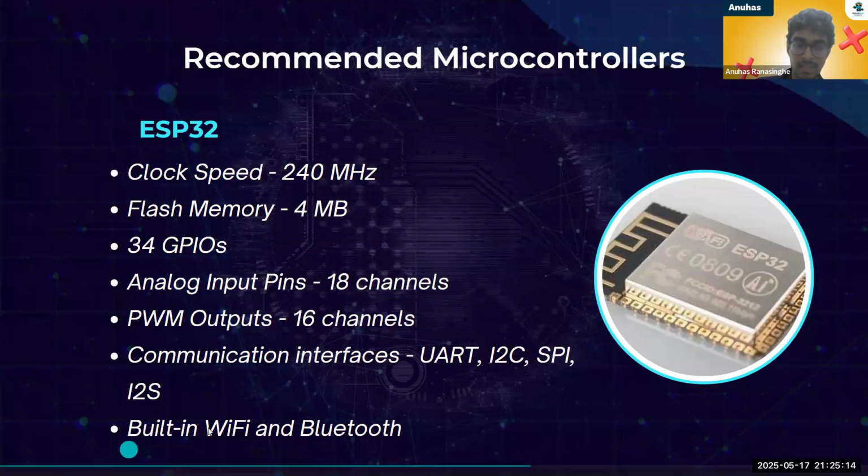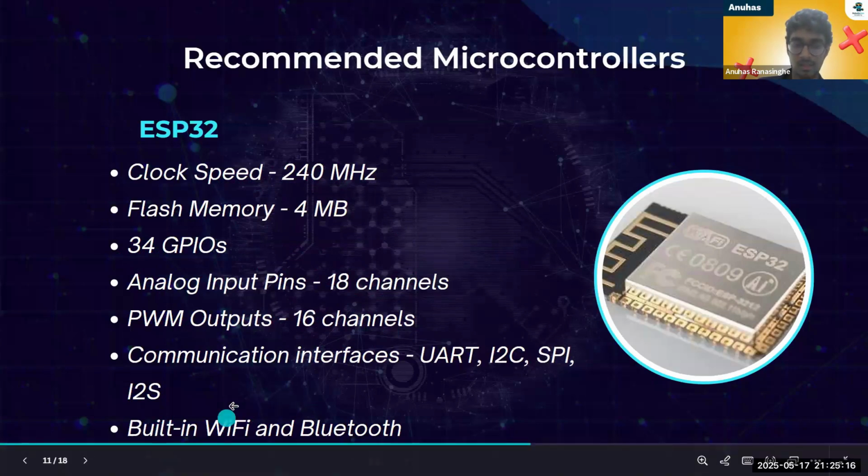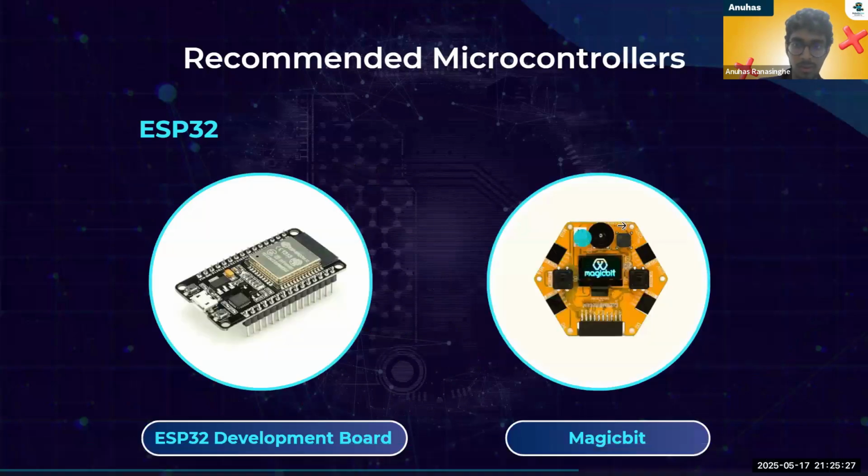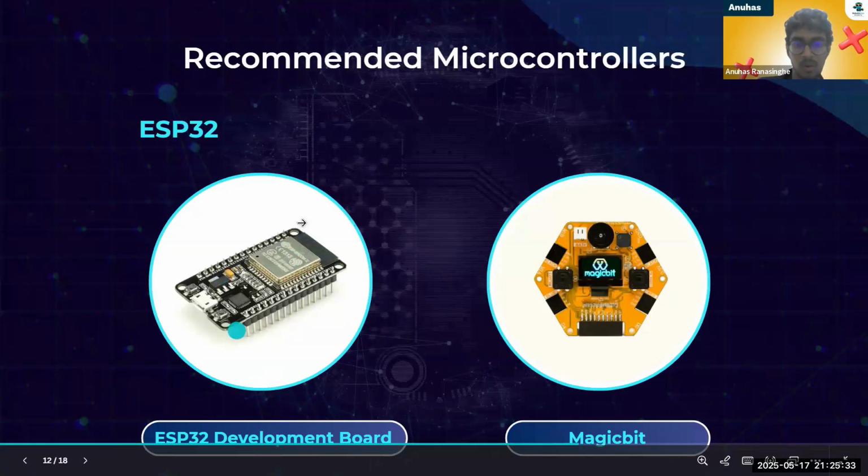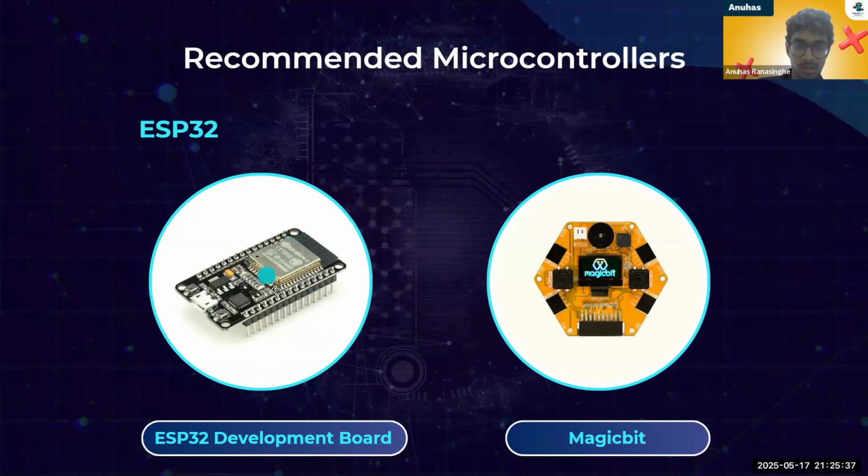And it has both inbuilt Wi-Fi and Bluetooth capabilities, so we can use this for IoT projects and robotics projects as well. There are two most commonly used development boards using ESP32. One is the ESP32 development board, this one with the ESP32 microcontroller, and the other one is the Magic Bit.